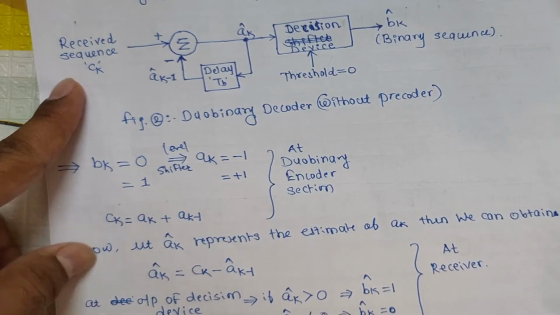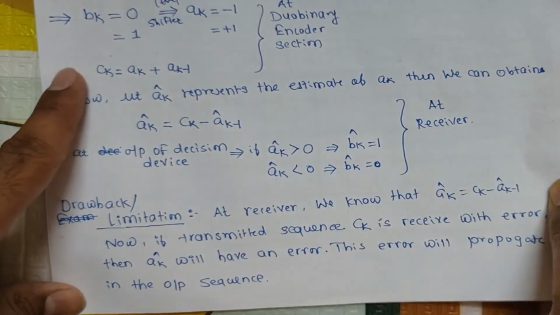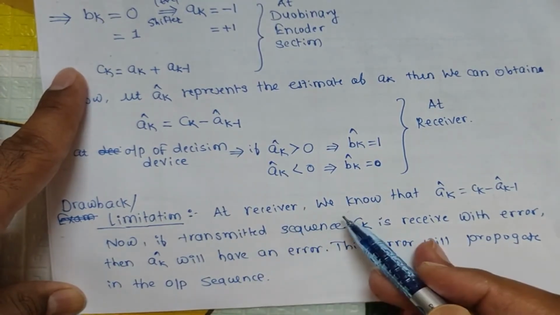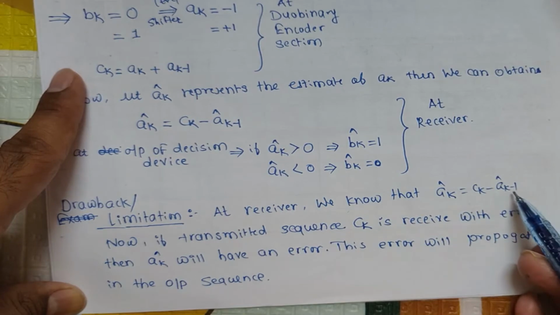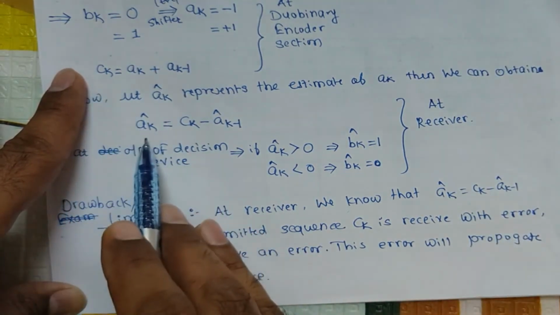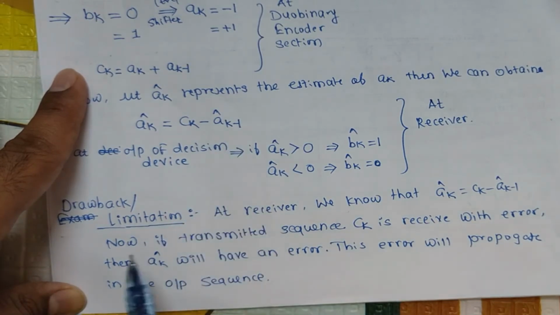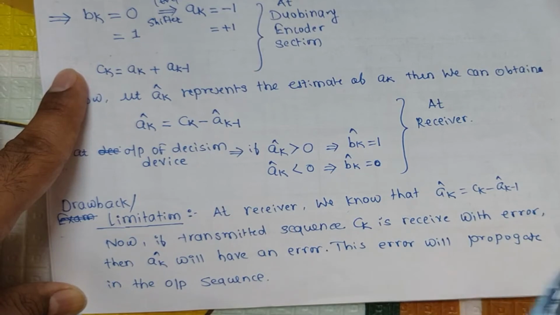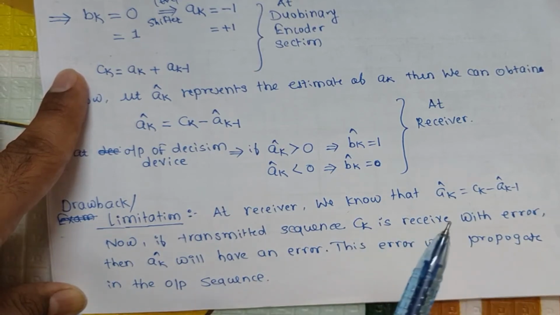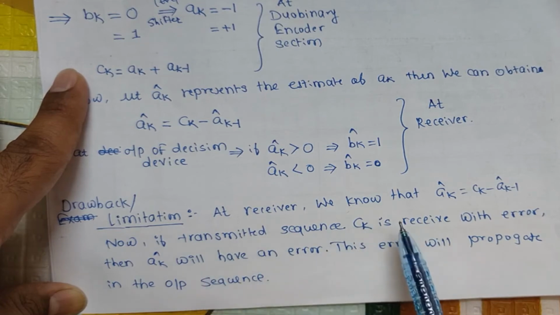Before that, let me tell you one drawback of this duobinary encoder without precoder. At the receiver, we know that ak cap is equal to ck minus ak-1. This is the equation we have written here. Now if the transmitted sequence ck is received with an error, meaning the output of the transmitter coming from the encoder itself has an error, what will happen? That will propagate.